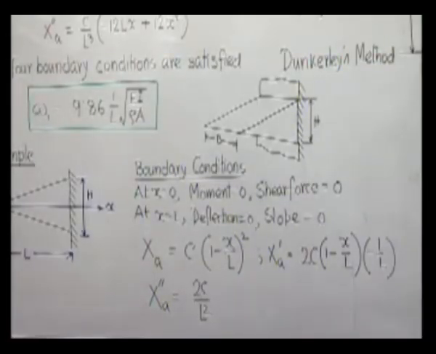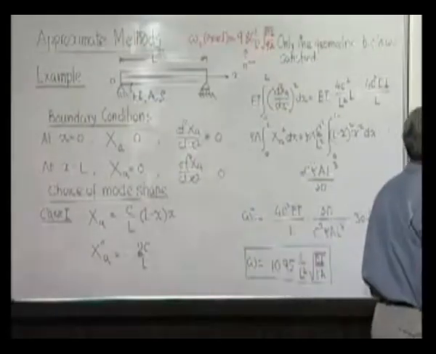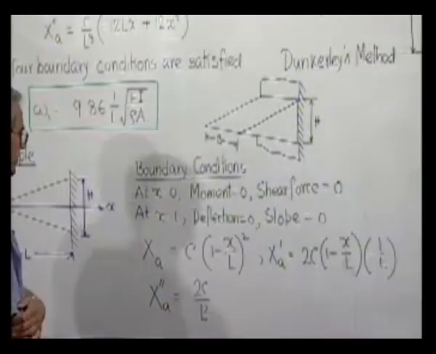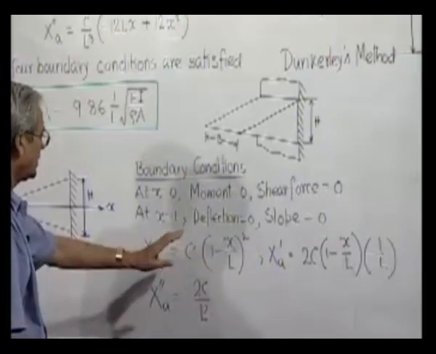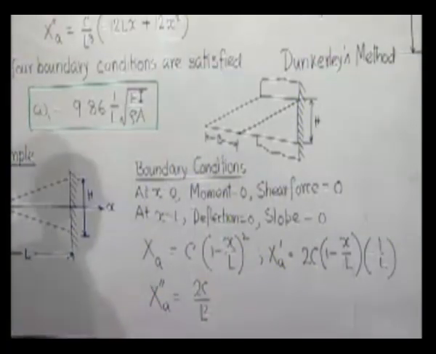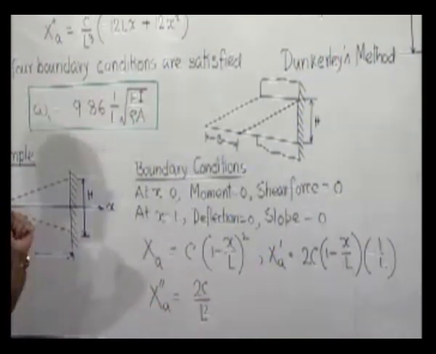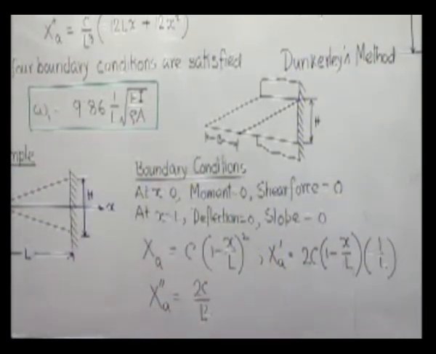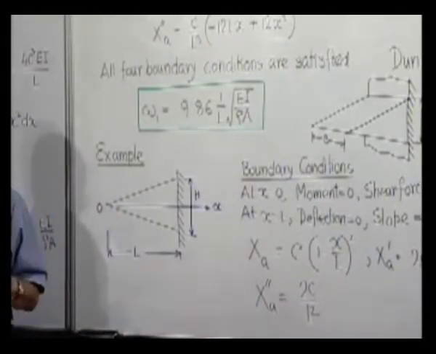Now let us see the conditions which are being satisfied. At x is equal to 0, is the moment 0? Now, if you try to see whether this is 0 or not, that is not the condition here. Here, the cross-sectional area is 0.